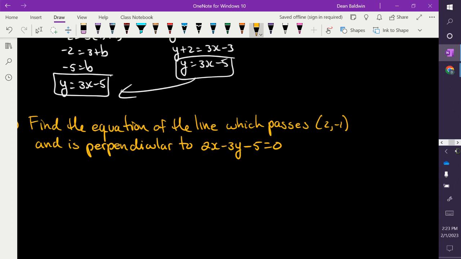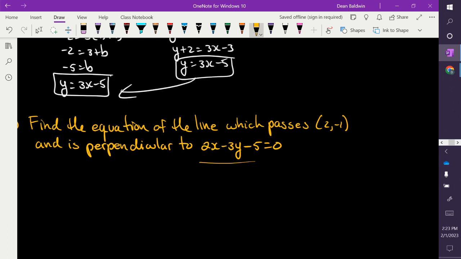So, what do we need to do? Yeah. So, in this one, rewrite this. Is that what you're saying? Yeah. So this one that says perpendicular, if you see the word perpendicular, they're talking about slope, right?